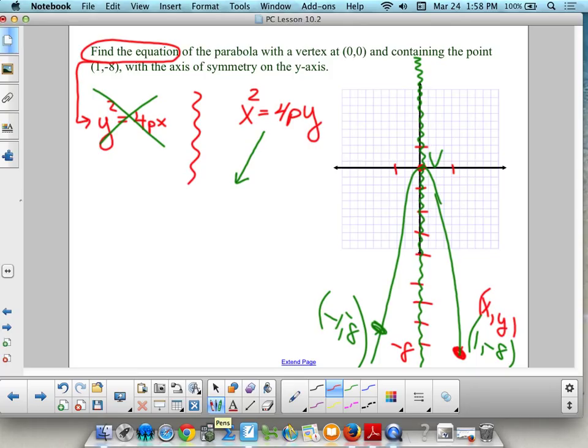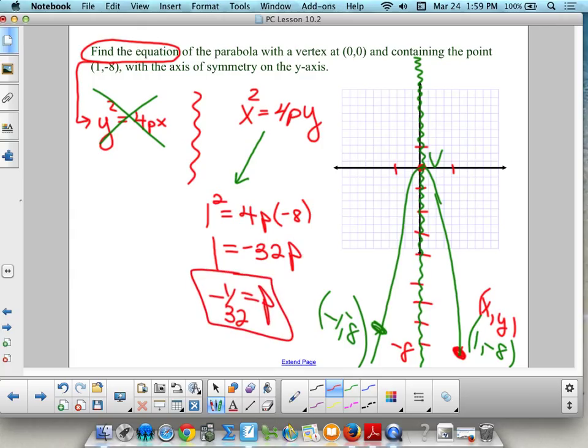So let's put xy in. Here's x. 1, square it, equals 4 times p times y. Y is negative 8. 1 equals negative 32p. Divide by negative 32. What's your p value? Right there.